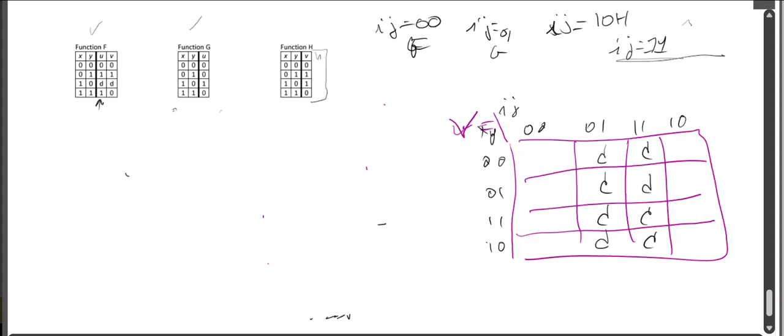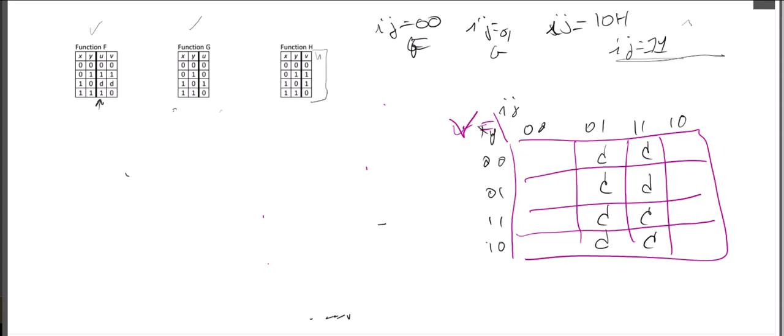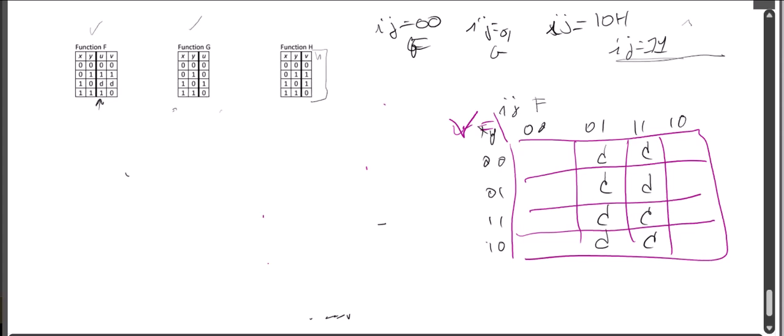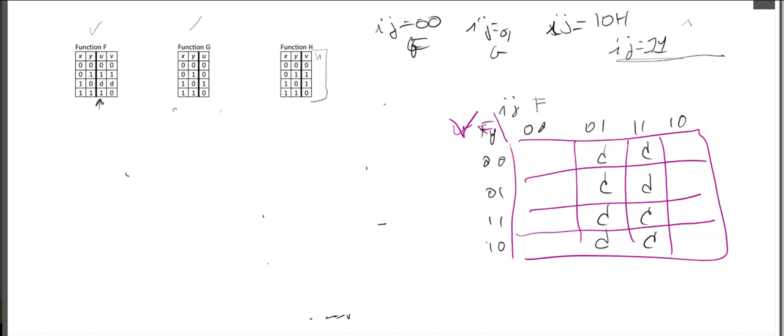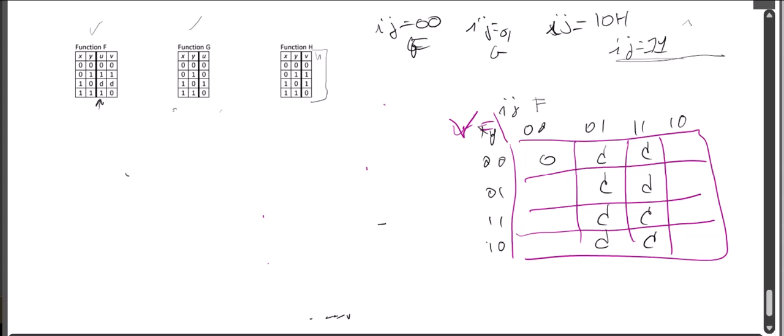For ij is 0, 0, that's function F, so that's this column. When x, y are 0, 0, that's a 0. When x, y are 0, 1, that's a 1. When x, y are 1, 1, that's a 0. And when x, y are 1, 0, that's a don't care.